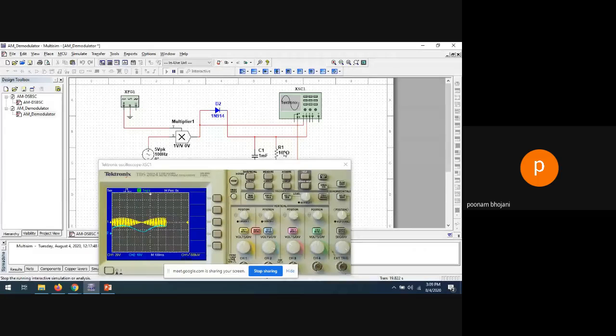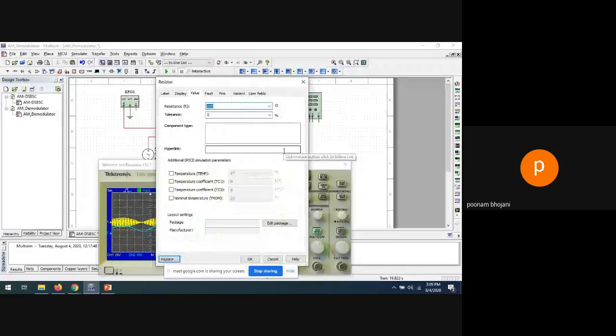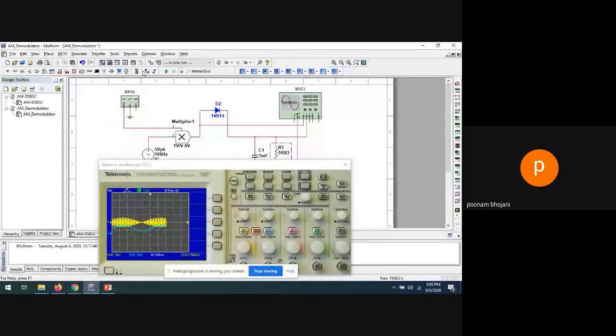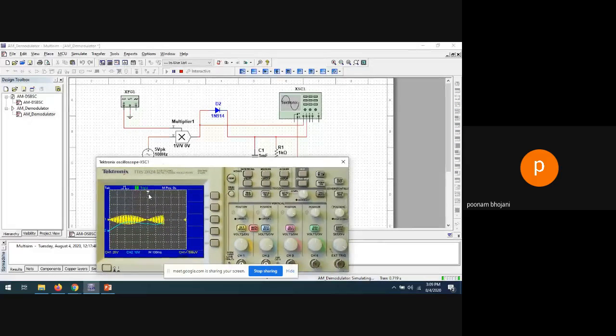If the value of R is 1K, let's say a high value, then the signal you will see at the output is almost like the capacitor charging and discharging. If you want to smooth it out, then you have to change the RC constant so that it can work as a low pass filter, and the low pass filter will smooth your output, right?